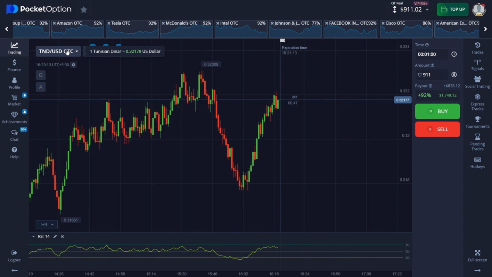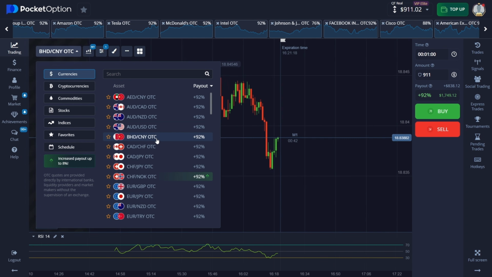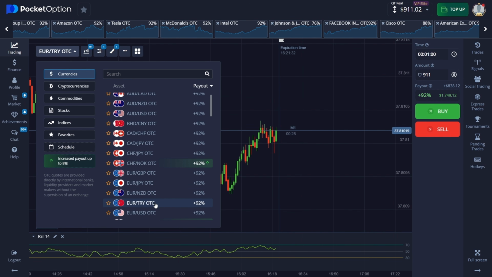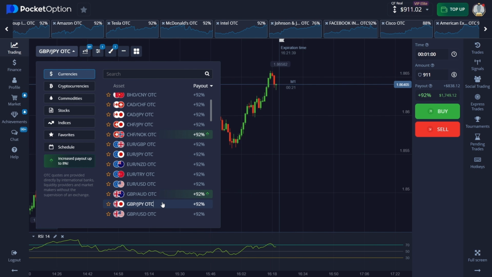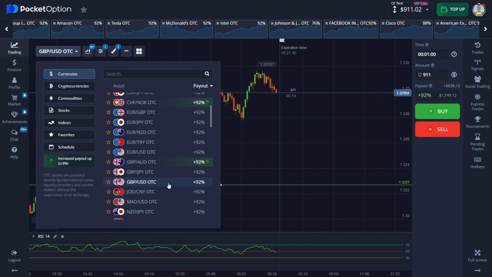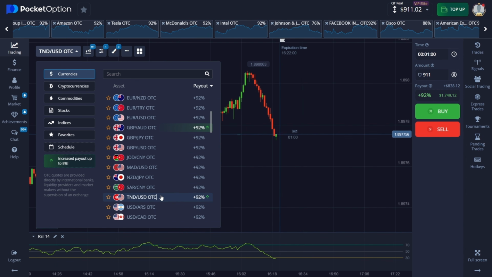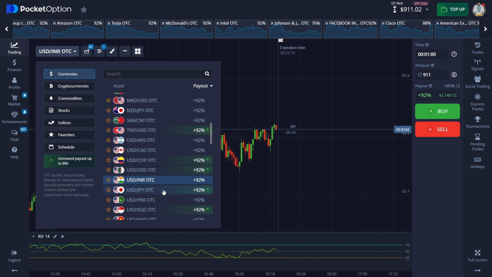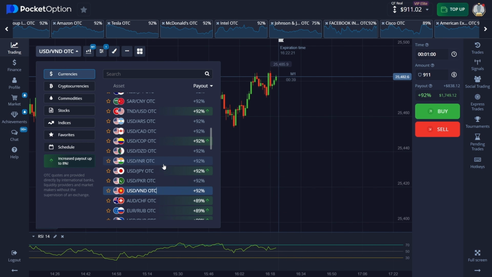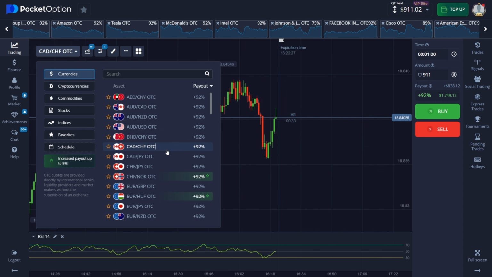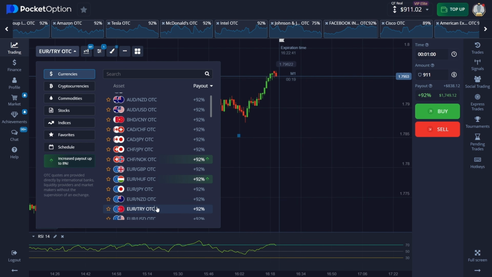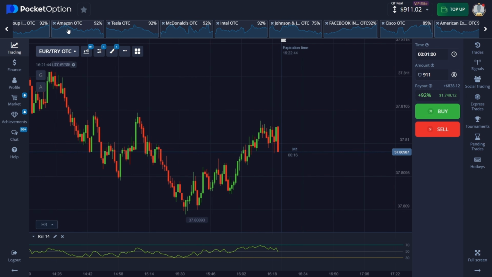I'm looking for trades on currency pairs. Okay, there are no trades available on currency pairs, so let's go back to stocks.